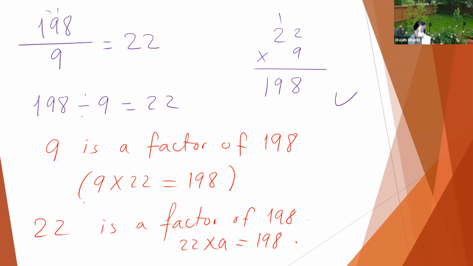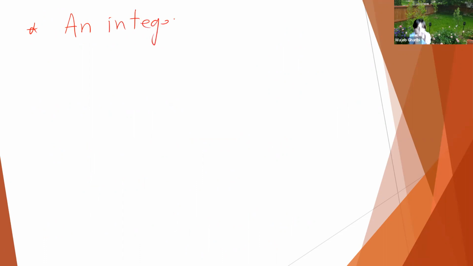And the last rule in this class, what is the last rule? An integer is divisible by 10 if it ends in a 0. Repeat it.